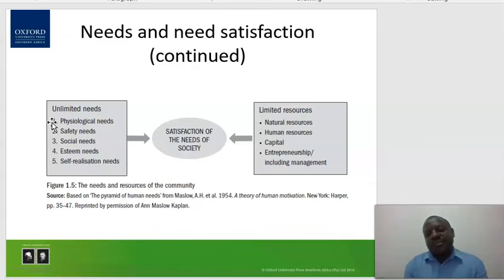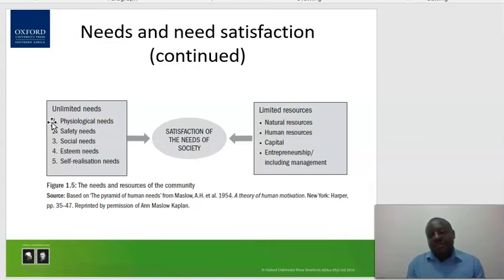According to Abraham Maslow, once those physiological needs are met, they cease to motivate a person, and another level of need will then emerge. The level of need that will emerge soon after the physiological needs are satisfied is known as safety needs, which are basically the need to be free from harm.